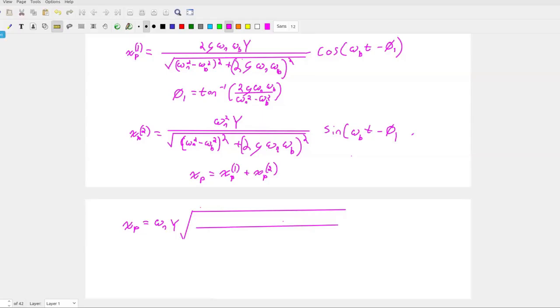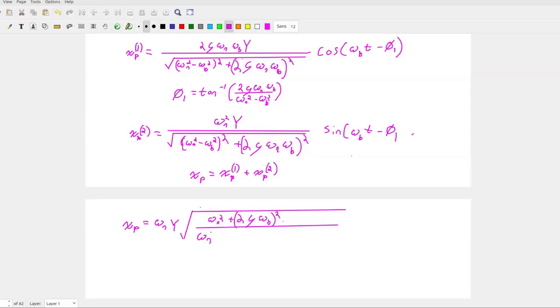And on top, I have omega n squared plus 2 zeta omega b, and that whole term is squared, divided by the denominator that we had before.